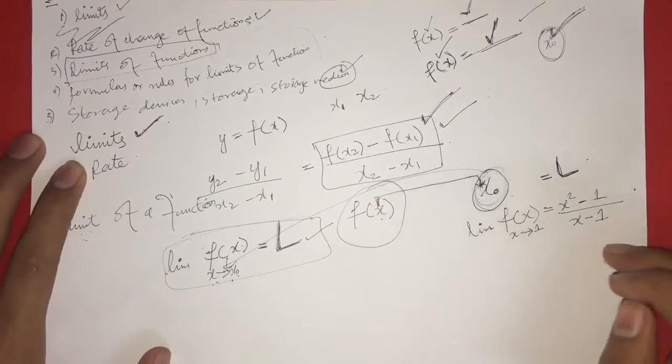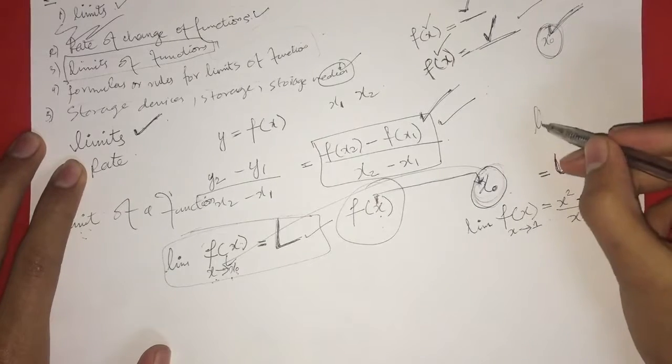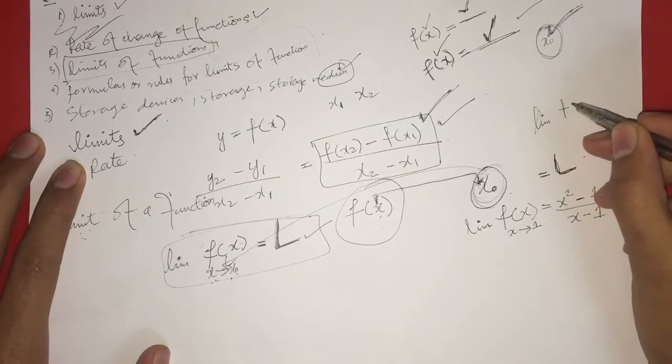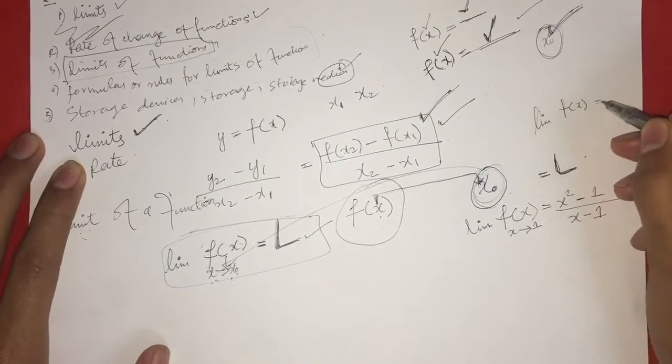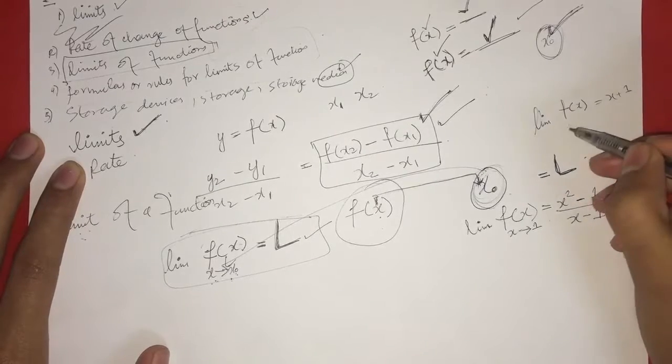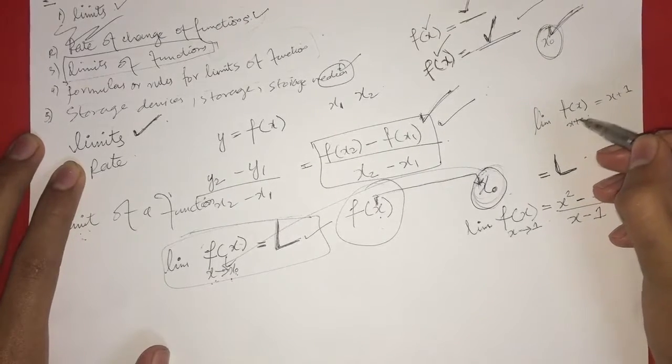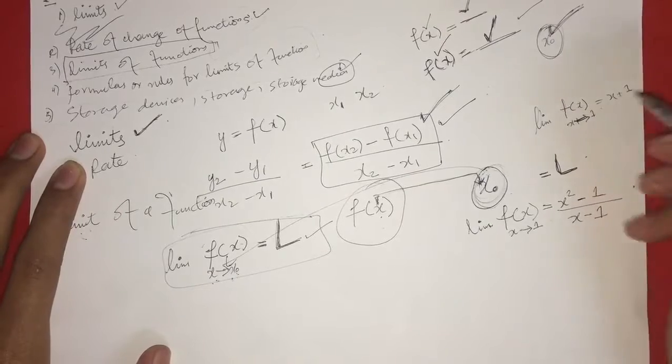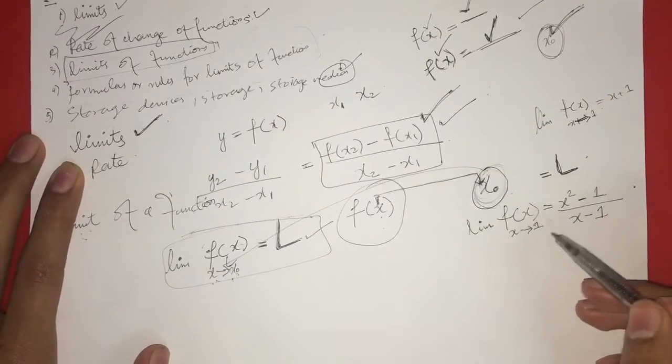There are two functions, this one and the limit of f of x equals x plus 1 when x approaches 1. First, let's find the limit of this function.